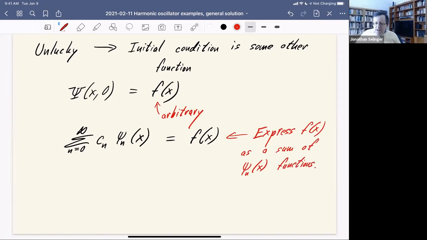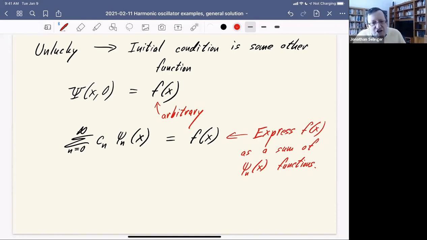Okay. Now, maybe you're thinking, wait a minute, that only worked for the particle in a box because the psi n functions were sines. And you can express any old function as a sum of sines based on Fourier's principle. Amazingly enough, that works for our new psi functions also.